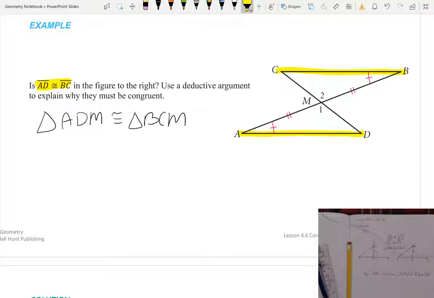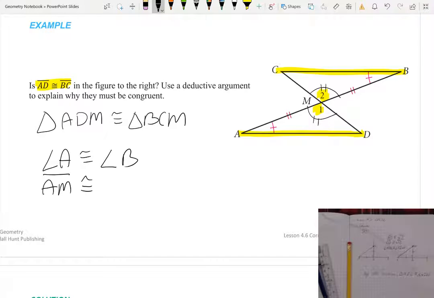So to show that's true, I need a congruence shortcut. Well, I have vertical angles at 1 and 2. Those are congruent to each other. And then I have a side that's the same and an angle. Angle A is congruent to angle B. And then AM is congruent to MB.